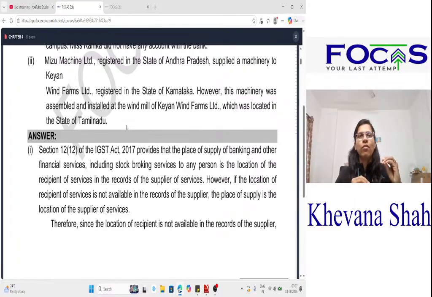So here we have Mizu Machine Limited, registered in the state of Andhra Pradesh. They are supplying a machinery to KN Wind Farms, which is registered in the state of Karnataka. Now, this machinery needs to be assembled and installed at the windmill of KN Wind Farms, which is located in the state of Tamil Nadu. So please write the answer for this and let me know in the comments or in the WhatsApp group.